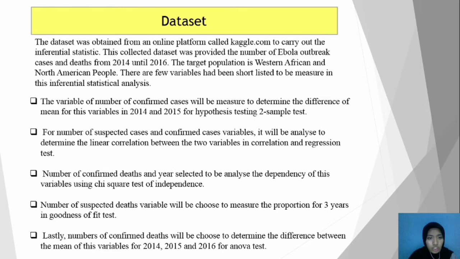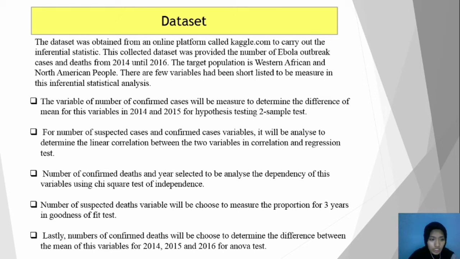So these are the few variables that have been shortlisted to be measured in this project. The first variable, number of confirmed cases, will be measured to determine the difference of means in 2014 and 2015 for hypothesis testing with two samples. The number of suspected cases and confirmed cases will be analyzed in correlation and regression tests.